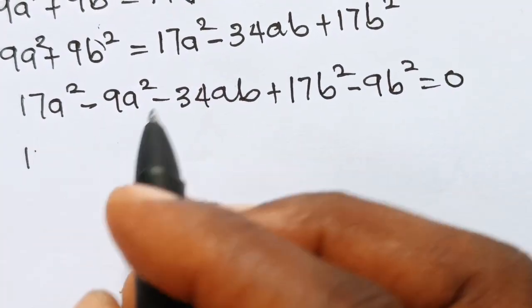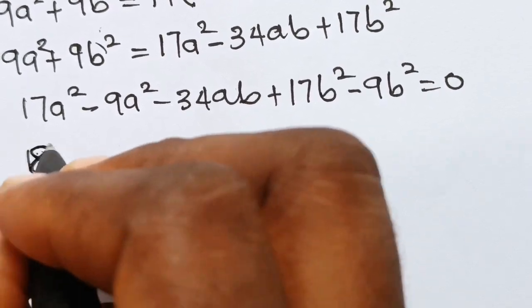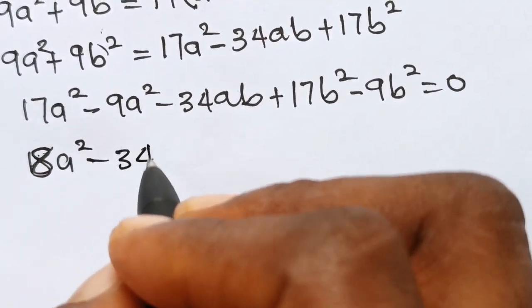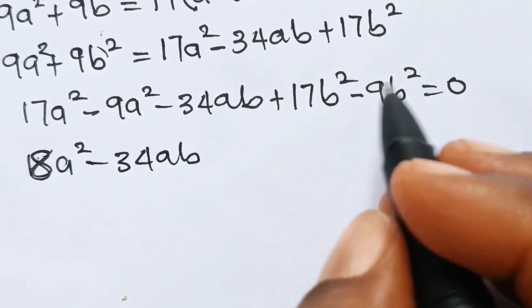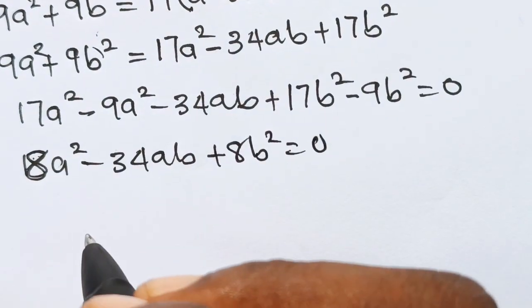So we have 17a squared minus 9a squared is 8a squared. So we have 8a squared minus 34ab. Then 17b squared minus 9b squared is plus 8b squared is equal to 0.